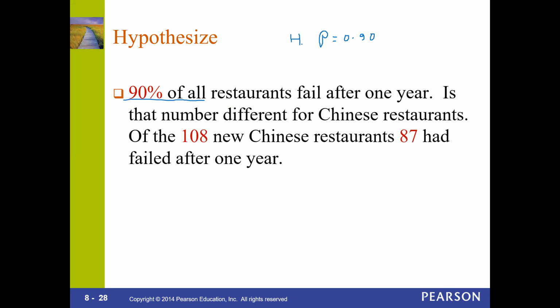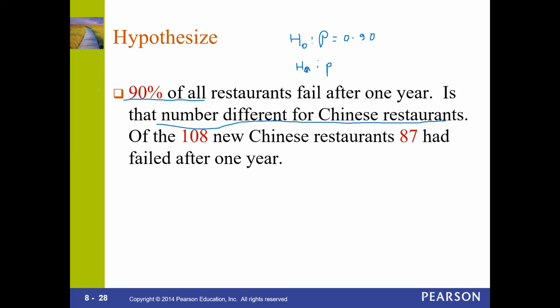That will be H naught. My HA will be, I don't know, can anybody give an idea? Because this one says, is that number different for Chinese restaurants? That will be the question.